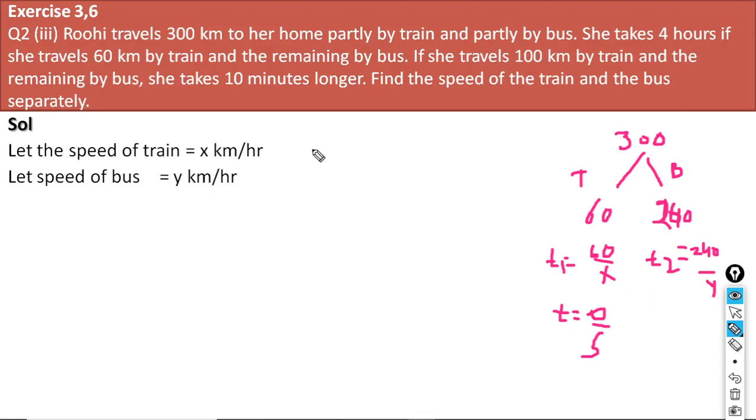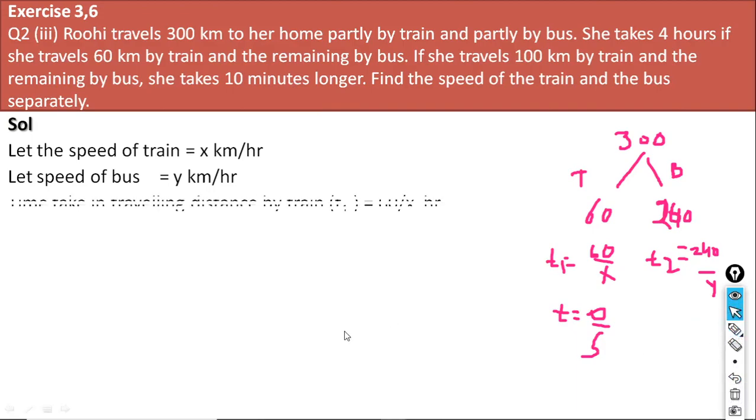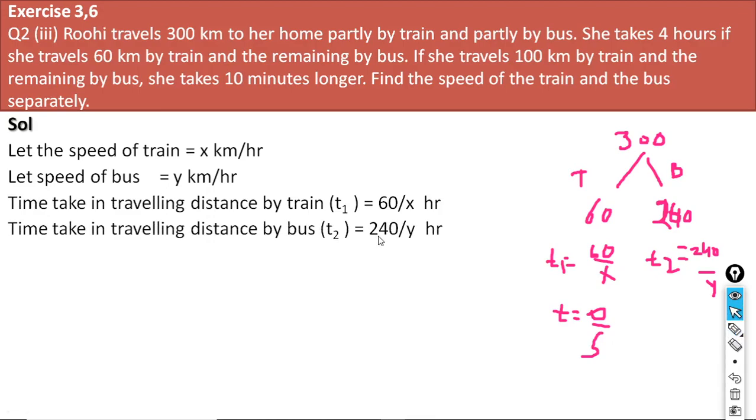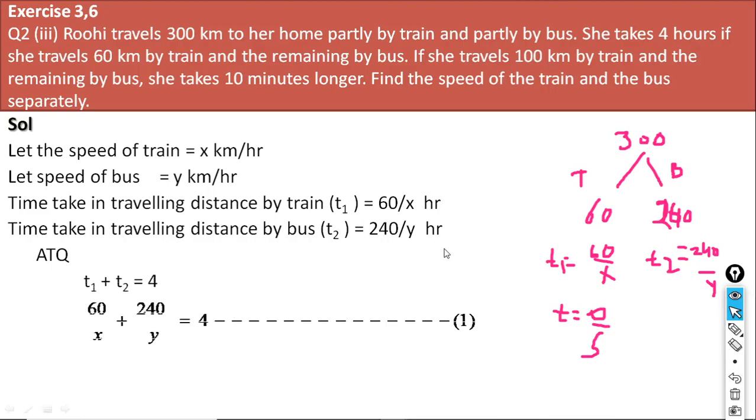The total time is 4 hours, so t1 plus t2 equals 4. So we have 60 upon x plus 240 upon y equals 4, which is equation number 1.